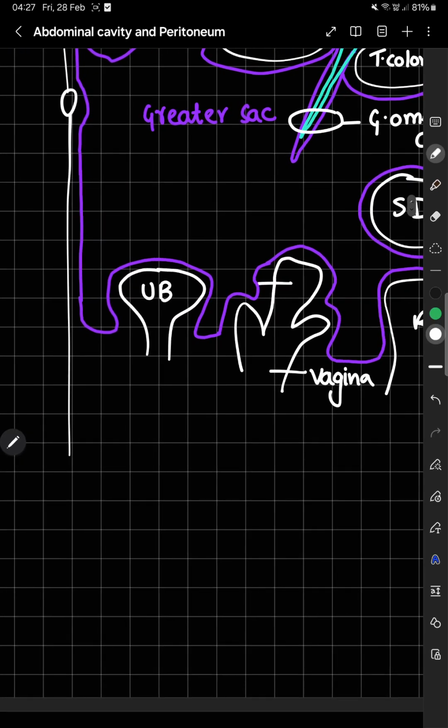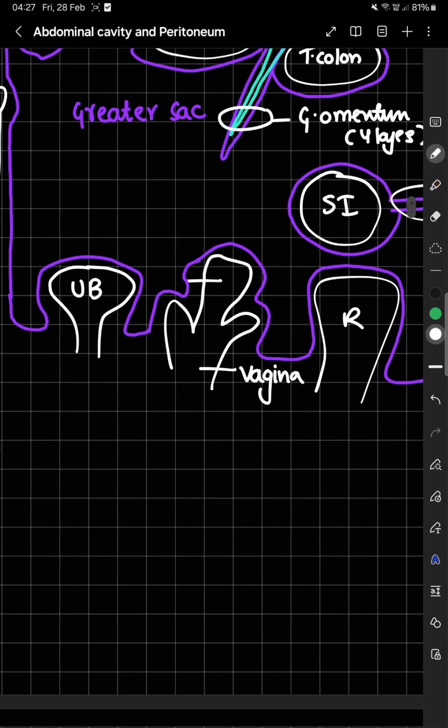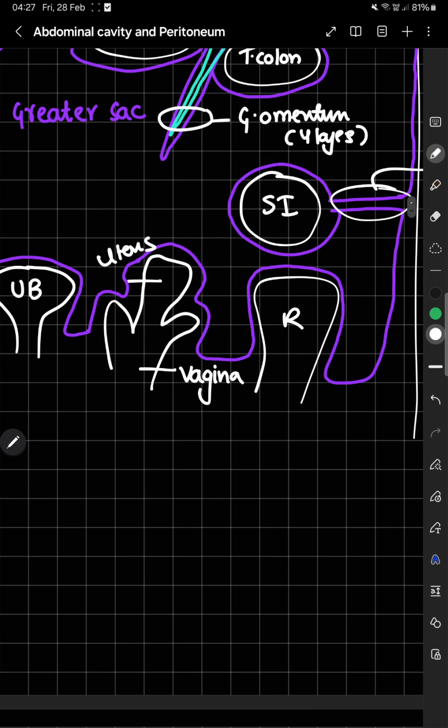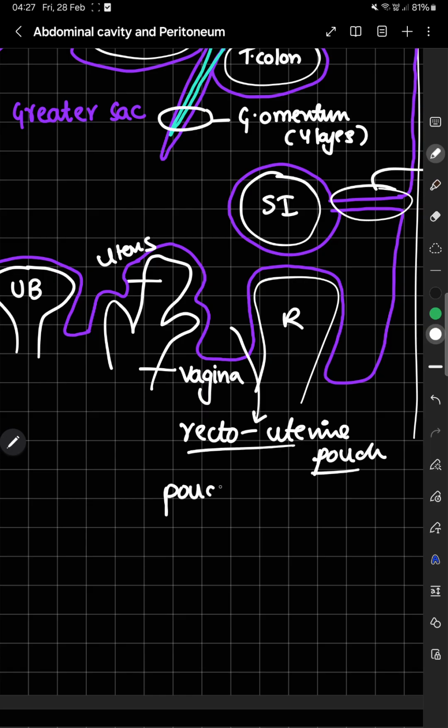Then we have the urinary bladder, the uterus, and then the rectum. Here there's a pouch formation between the uterus and rectum, known as the recto-uterine pouch, also known as the pouch of Douglas. Again, an important topic and a topic of interest for us.